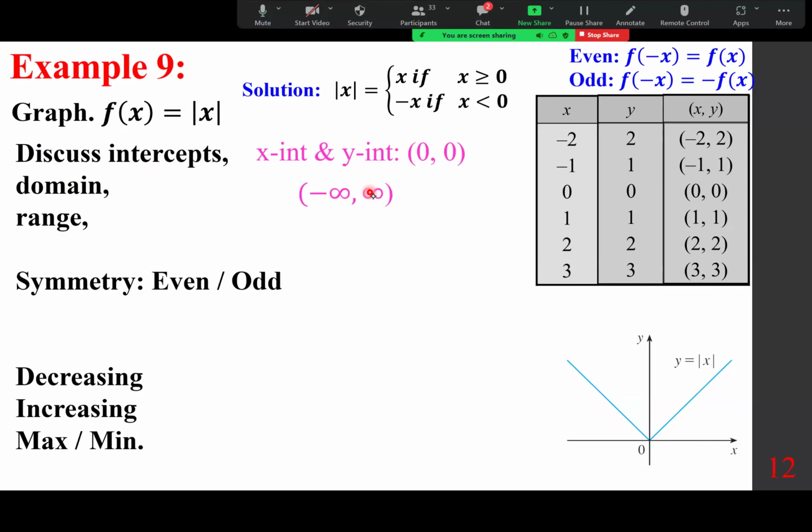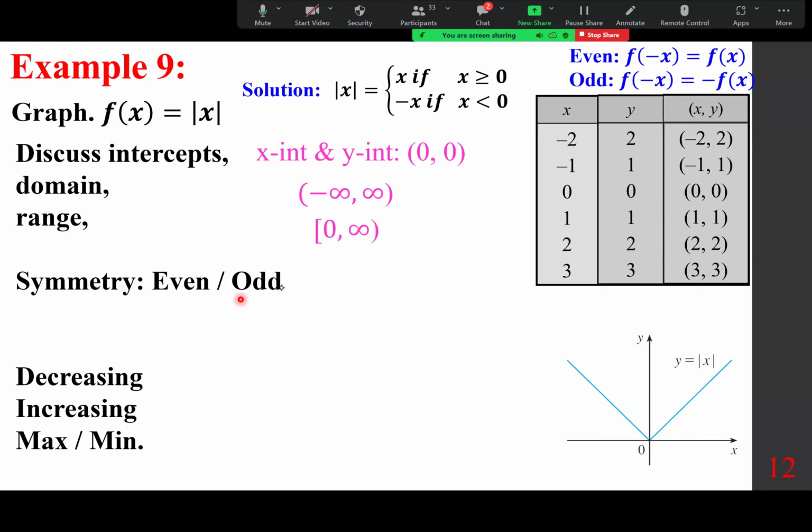Range: one easy way, class, again, as with the domain, try to lay it down along the x-axis to see what happens. For this one, lay it down along the y-axis. It only covers from 0 up. So it's from 0 to infinity, 0 is included, but it doesn't cover the bottom. That's how you figure out the domain or range. Lay it down along the x-axis for domain, along the y-axis for the range.